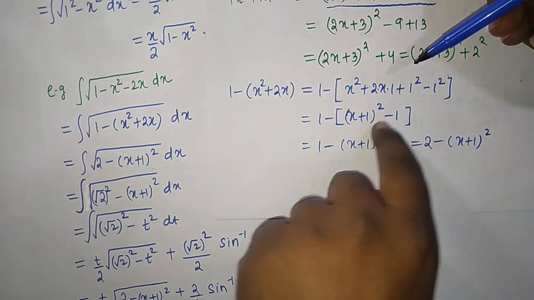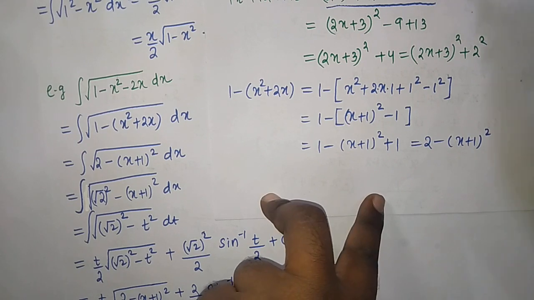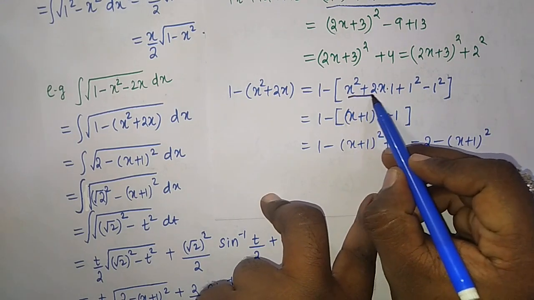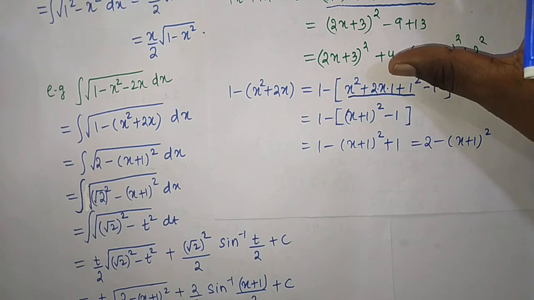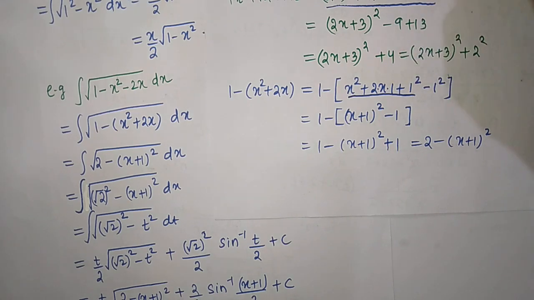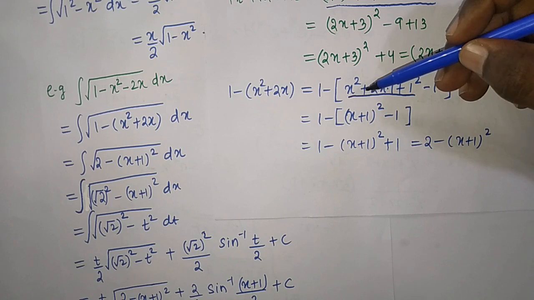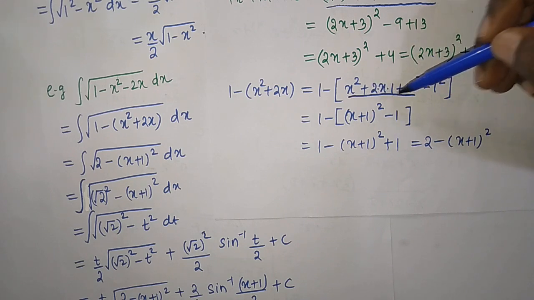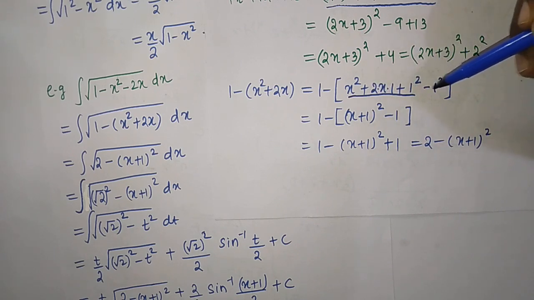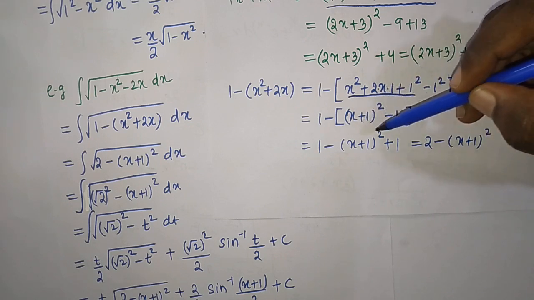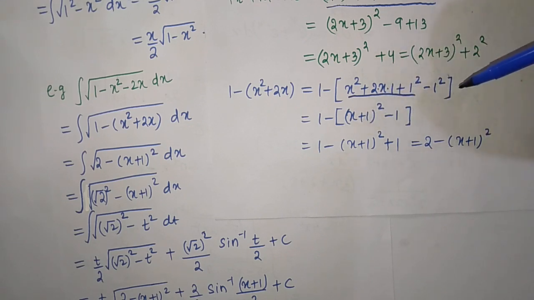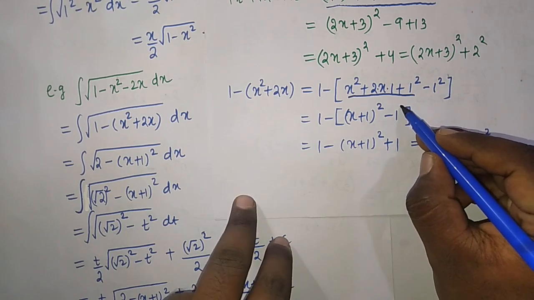But we will write it like this, so that we can put it in a plus b whole square form. Now you see, x square plus 2 into x into 1 plus 1 square is in a plus b whole square form. So this will become x plus 1 whole square minus 1 square.